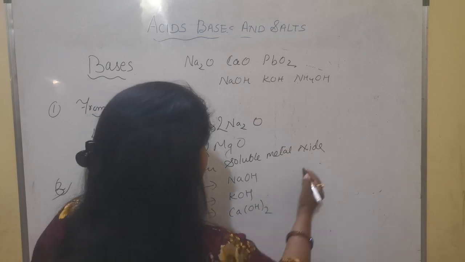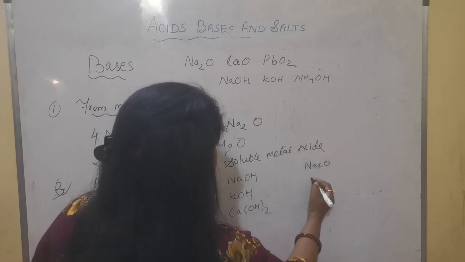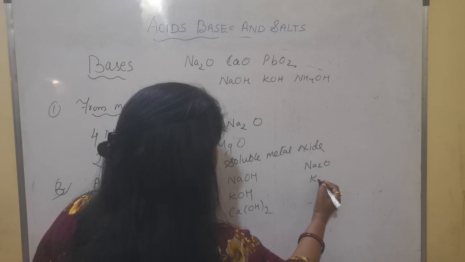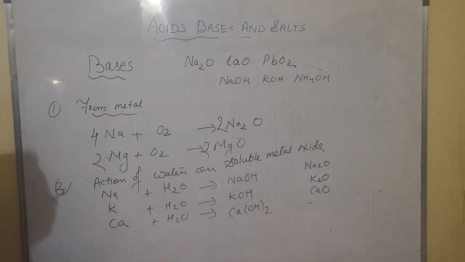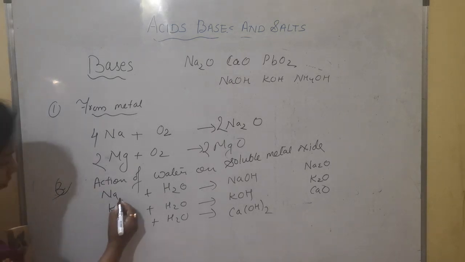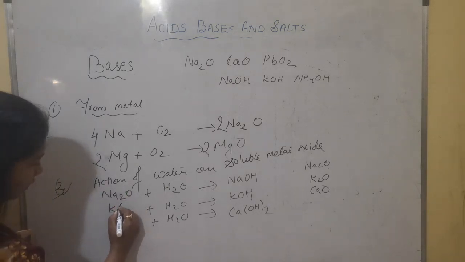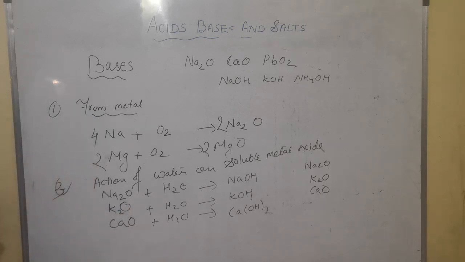Oxides of sodium, potassium, calcium. These are soluble metal oxides and we have to react them with water, and you will get the respective metal hydroxide or bases.